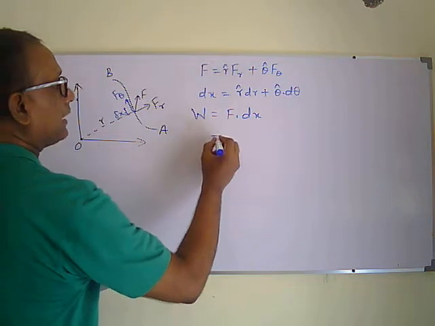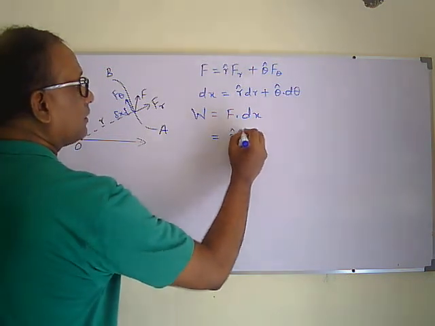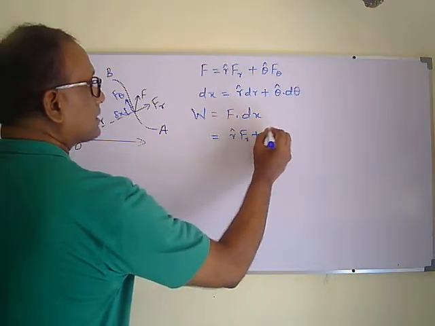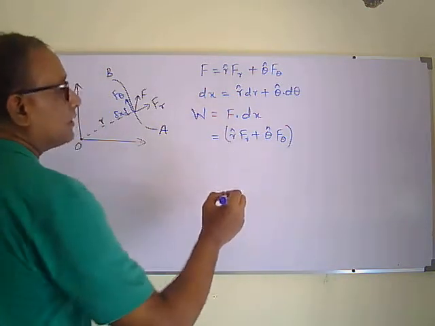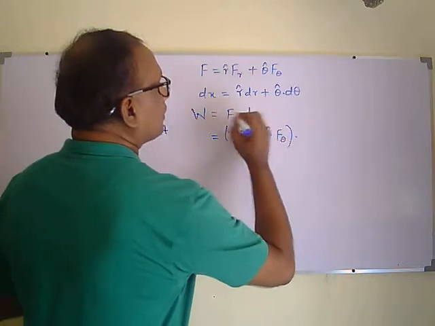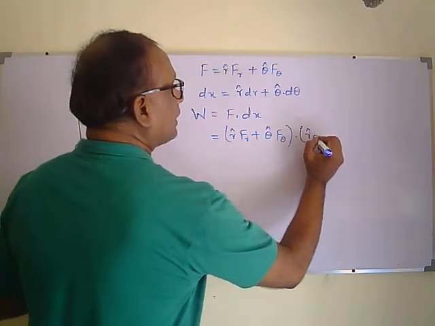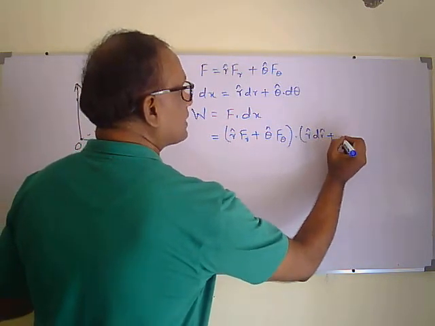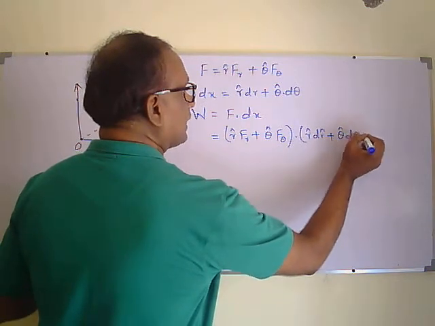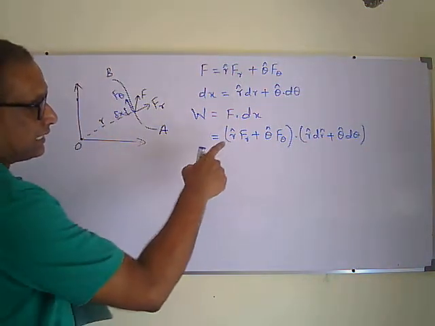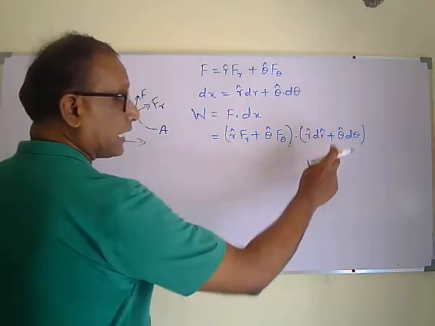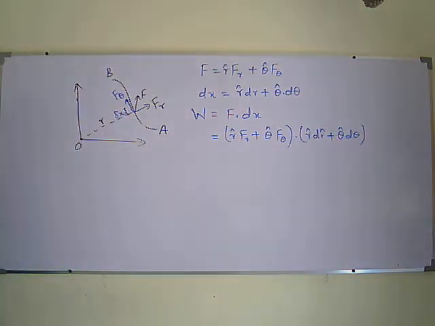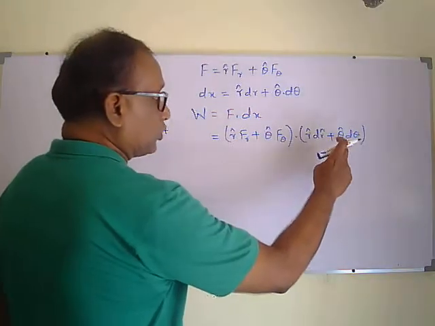When I multiply these, R cap Fr plus theta cap F theta dot R cap dr plus theta cap d theta, R cap into theta cap will be 0 because they are perpendicular to each other, right angle unit vectors.